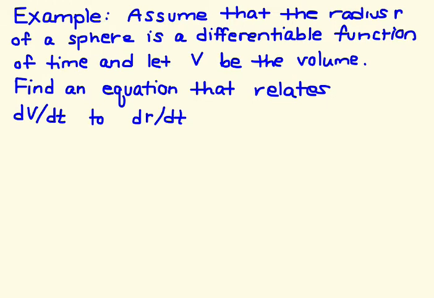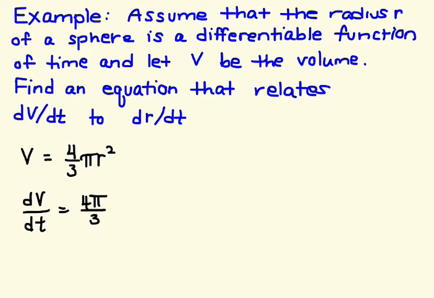So v is going to be the sphere, 4/3 pi r cubed, and we want to take the derivative of both sides with respect to time. The change in volume of the sphere with respect to time is equal to, well, 4 pi over 3 is our constant, times the derivative of r squared with respect to r is 2r, times the derivative of r with respect to t, which is dr dt.